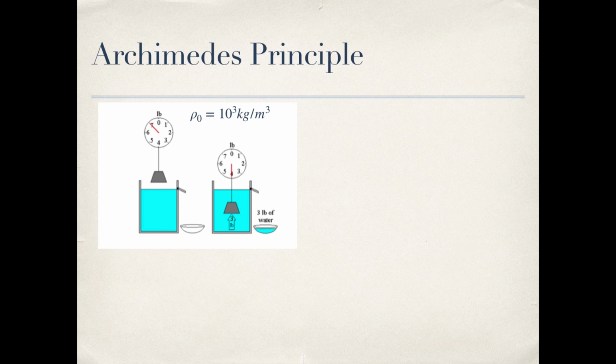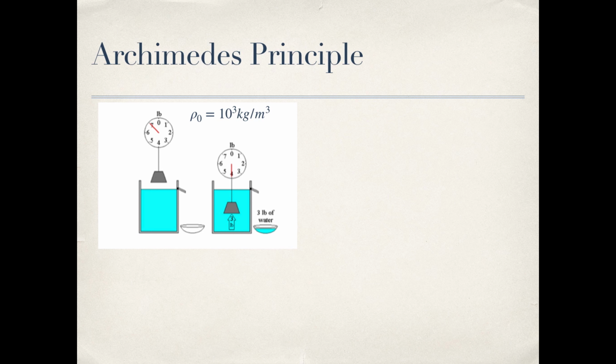All right, so now we are ready to go to another important hydrostatic equilibrium liquid property, which is called Archimedes' principle. And I'm sure you learned in school all these basically urban legends about how Archimedes discovered that principle, but I would like to remind it to you on a more physical example.